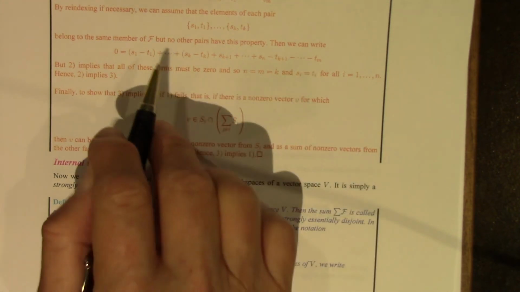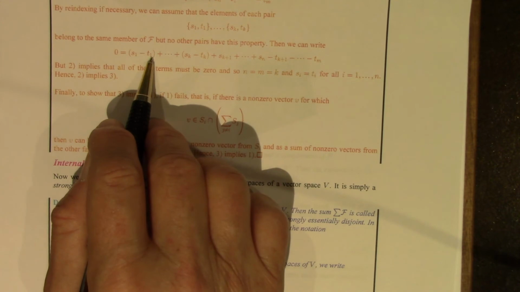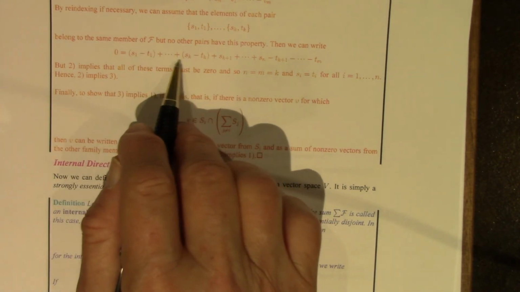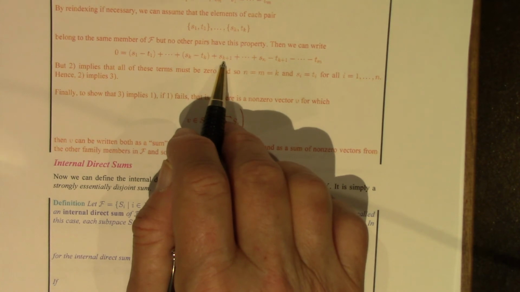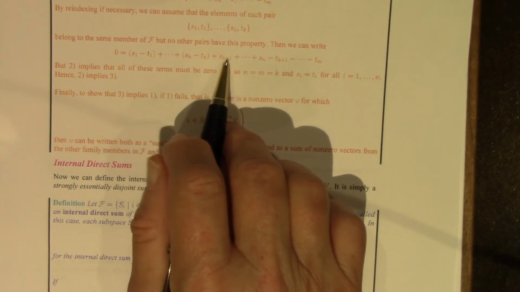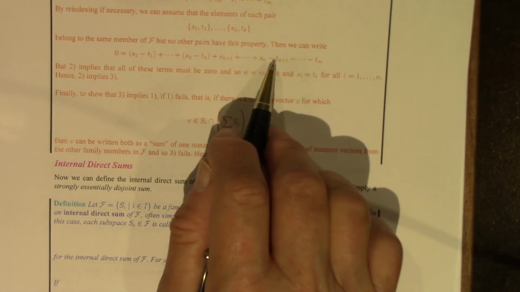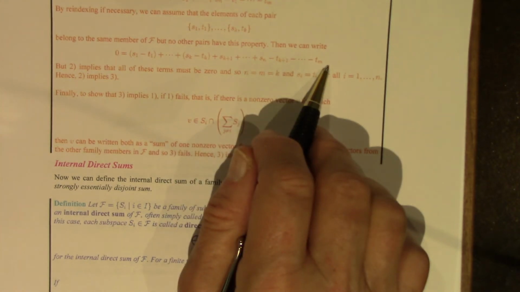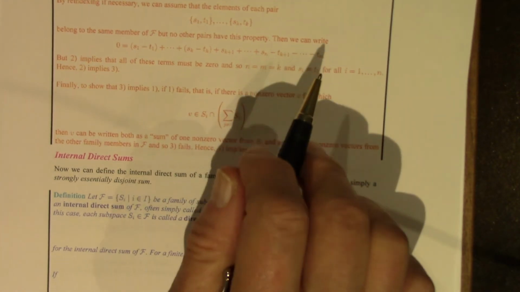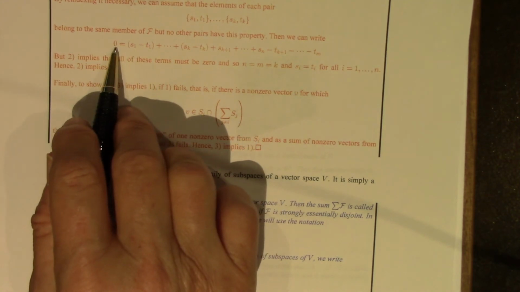So we regroup. S1 minus T1, these are both in the same subspace of the family, up to Sk minus Tk. So now S sub k plus 1 is in a different member of the family than any of these other terms. And similarly for the T's. But now we have a representation of the zero vector.